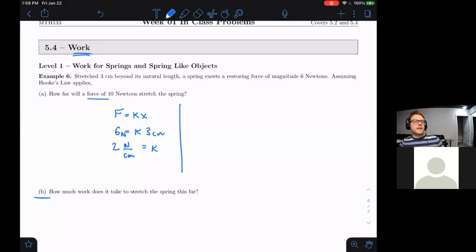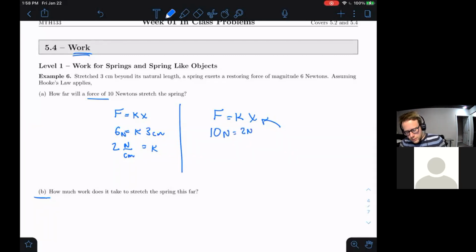So the question is, how far will a force of 10 newtons stretch the spring? Well, that's a question of what is X. X is supposed to be that distance beyond its natural length. How far are you actually stretching it? Notice that it didn't say what the natural length is for this spring, but we do know the force is supposed to be 10 newtons.